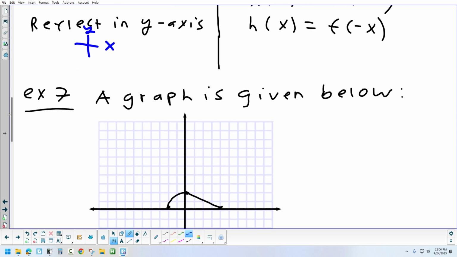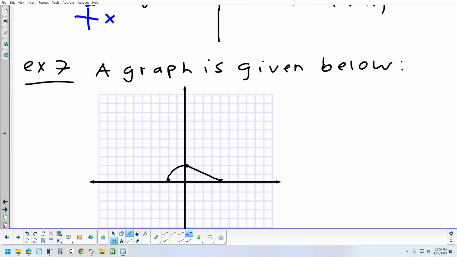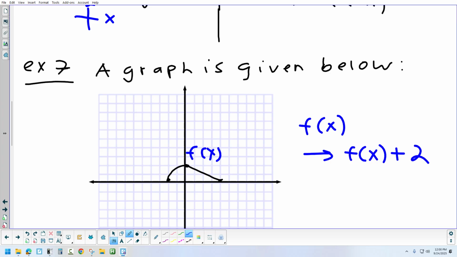So last one. I'm going to give you that picture, and I want you to do this to it. I want you to take f of x and do this. I'm not giving you a formula for f of x. You don't know what the formula is that's making that shape.